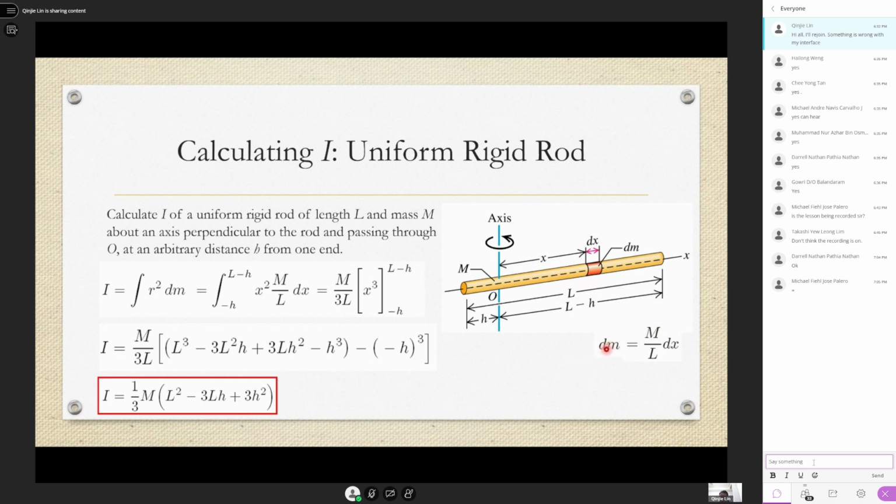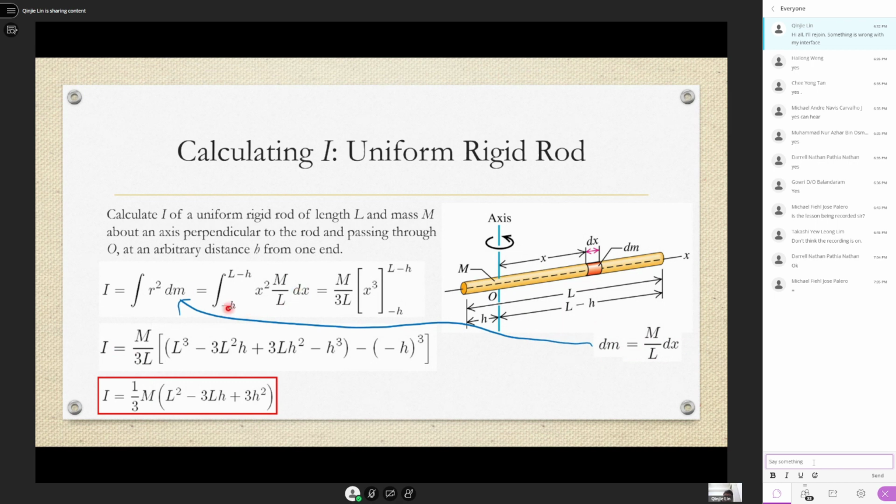A small chunk dm over the total mass m equals a small chunk length dx over the total length L. Then with this, you substitute this dm in, and you will get something something dx, which is very nice for us to perform integration.